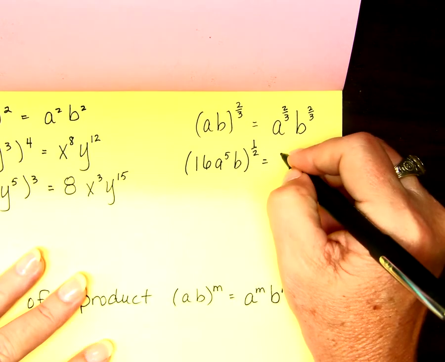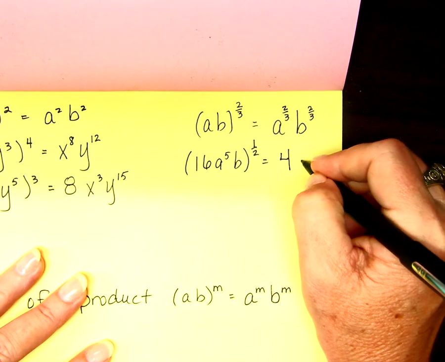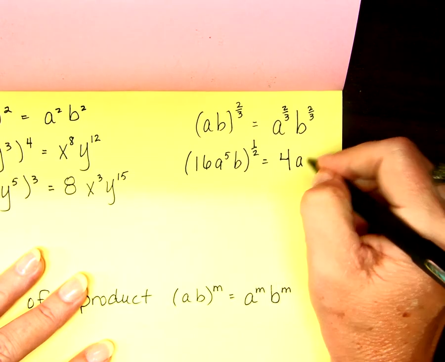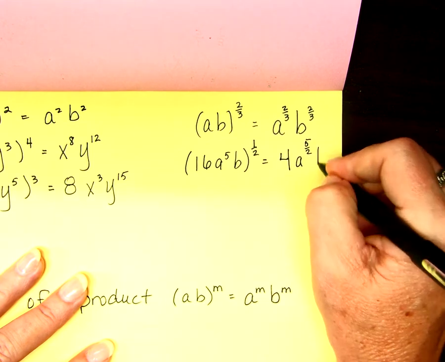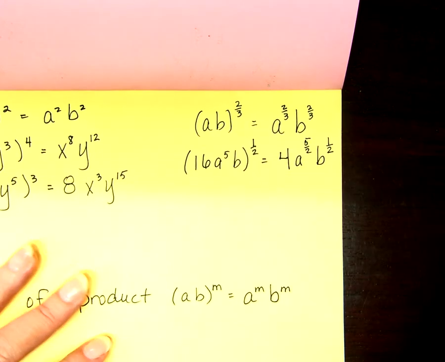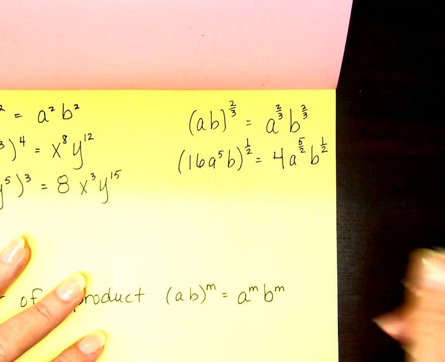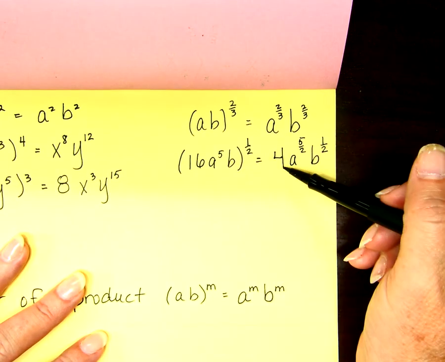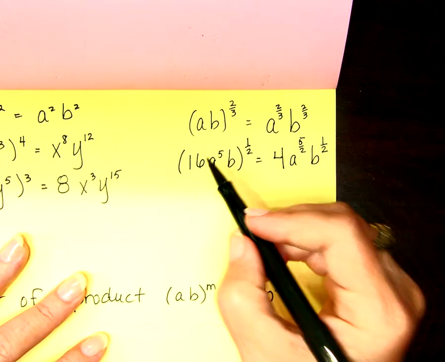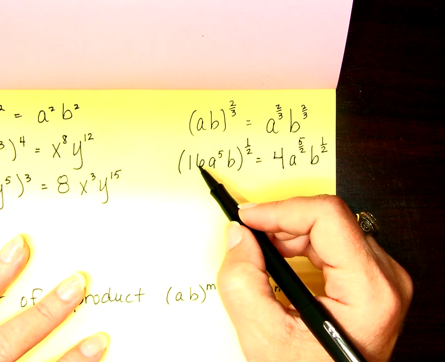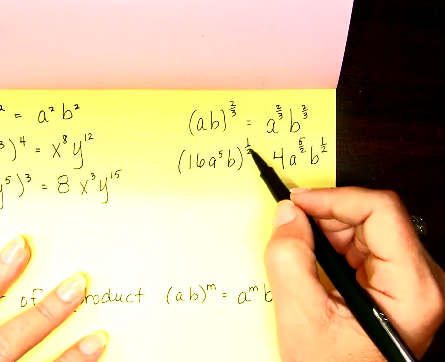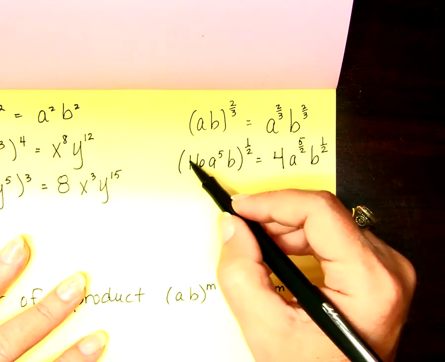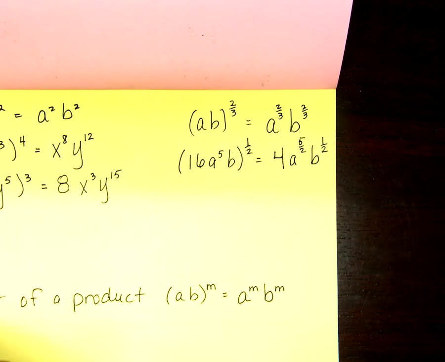So can you trust me for a second that this is 4 and then a to the 5/2, which is what you said, and b to the 1/2? We'll come back to this in just a second. I just need you to trust me that this is really 4. You know it's not going to be 8, though, don't you? Because it's not 16 times 1/2. It's 16 to the 1/2 power, right?